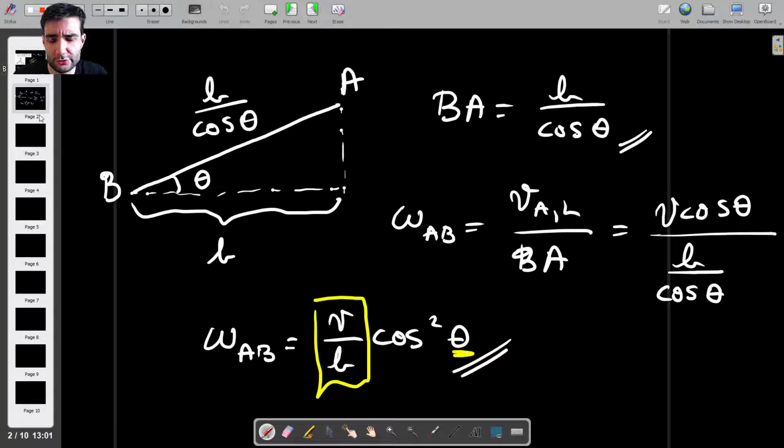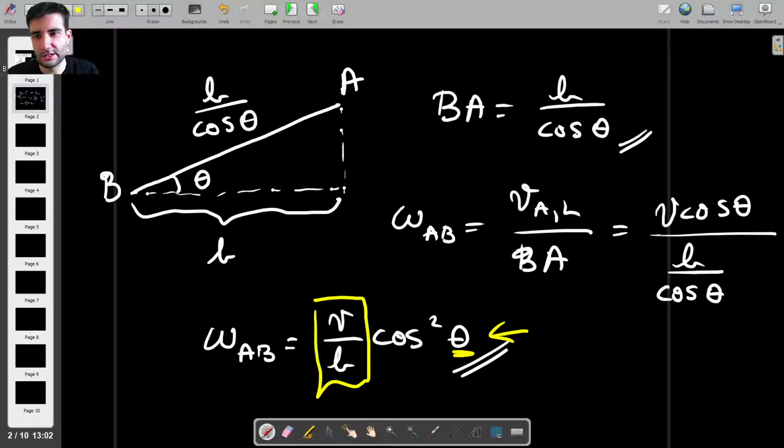Now, here's what I'll do. I won't leave the angular velocity like this because the angular velocity of BA is clockwise. If we used Euler's equations, we would take this into account by default.